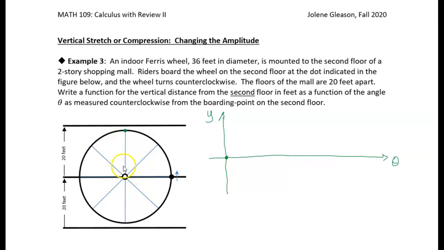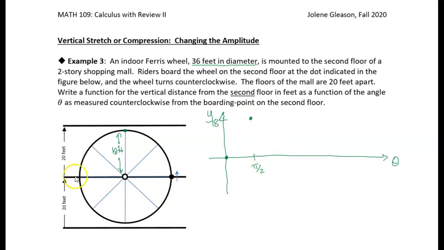We're up here at the radius of the Ferris wheel. Now it says that the Ferris wheel is 36 feet in diameter, so that means that this radius is 18 feet. Rather than being at 1, we're at 1 radius of the Ferris wheel, which is 18 feet. So let's say this is pi over 2, and now we're at 18 feet.